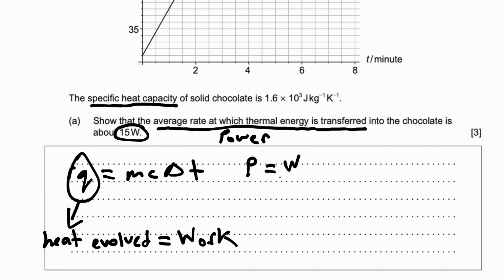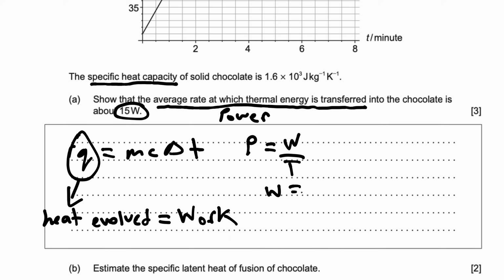Power is work over time. So, work is equal to power times time, and we know that work is also equal to Q. So, instead of Q, we can substitute P times t. So, power times time is equal to mcΔT.